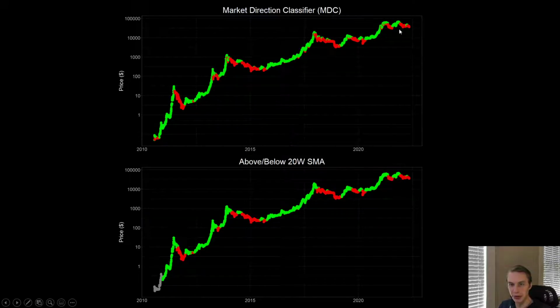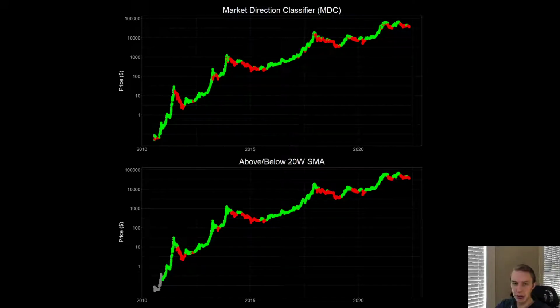It's also flipping green faster than the 20-week at different points. So for example, here it's flipping green a little bit earlier than it's flipping here, etc. And I'm going to show you in backtesting that the MDC does blow the 20-week out of the water when it comes to trading on different assets, that you would have made significantly more money using the MDC rather than the 20-week.